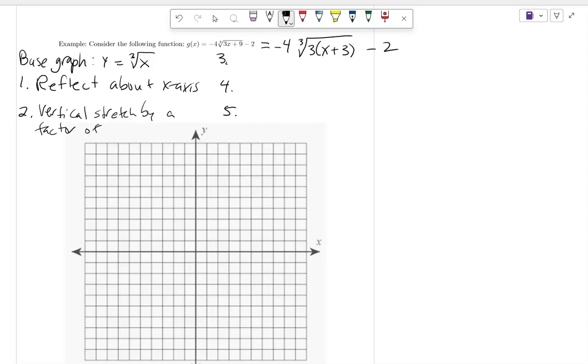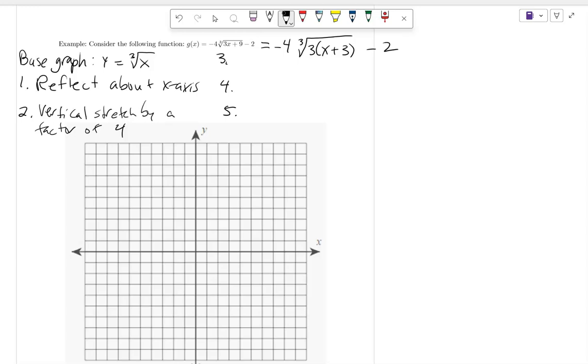All right, let's skip the 3 on the outside of the parentheses there. Let's do the plus 3. What does the plus 3 do here? This is an addition, so it's going to be shifted to the left, right? It goes backwards on the inside, so it's going to go left.